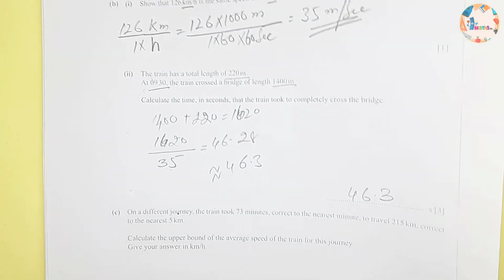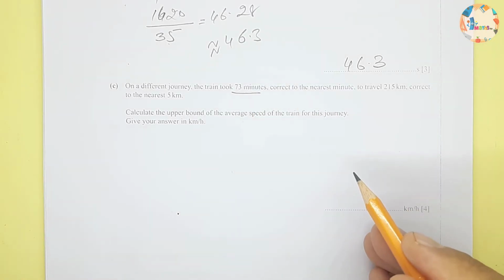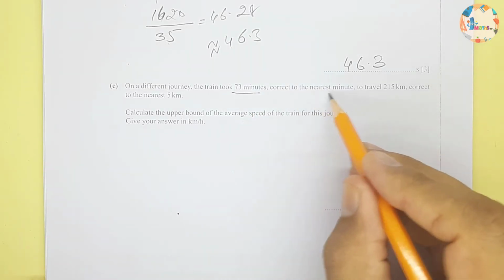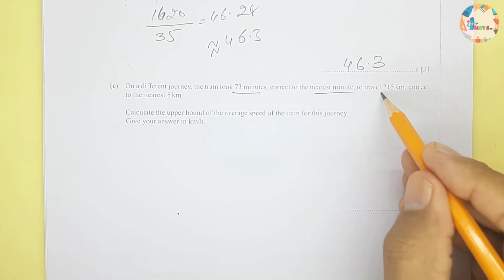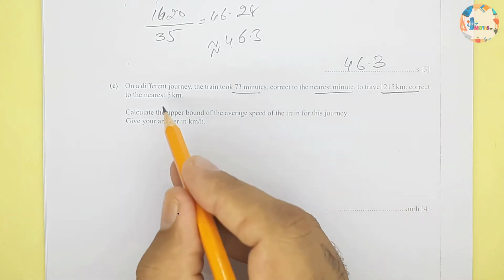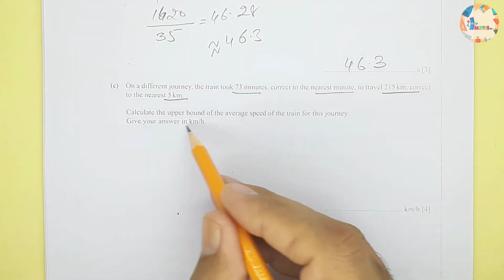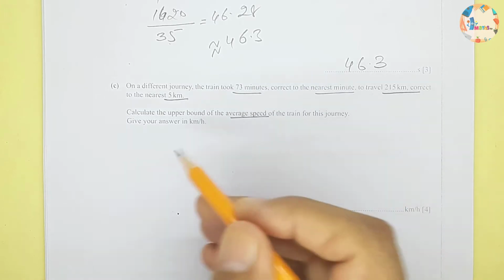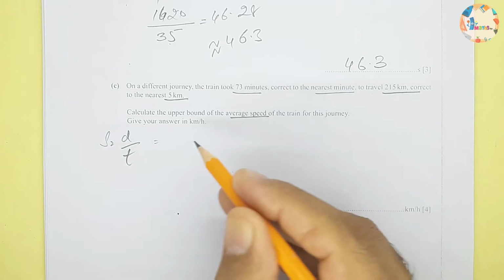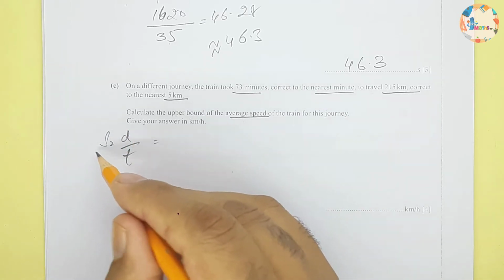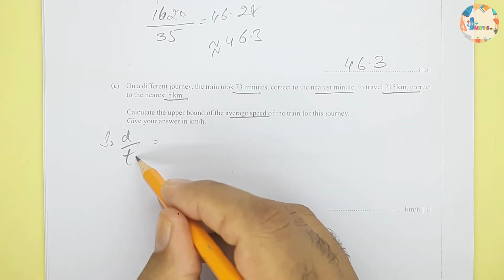On a different journey, the train took 73 minutes, correct to the nearest minute, to travel this many kilometers, correct to the nearest 5 kilometers. So upper bound, lower bound we have to check. Calculate the upper bound of the average speed, and speed we know is equal to distance over time. For maximum speed we will have to take maximum distance and minimum time.